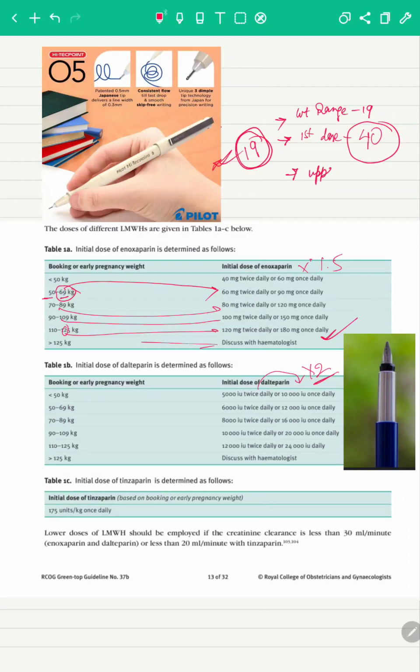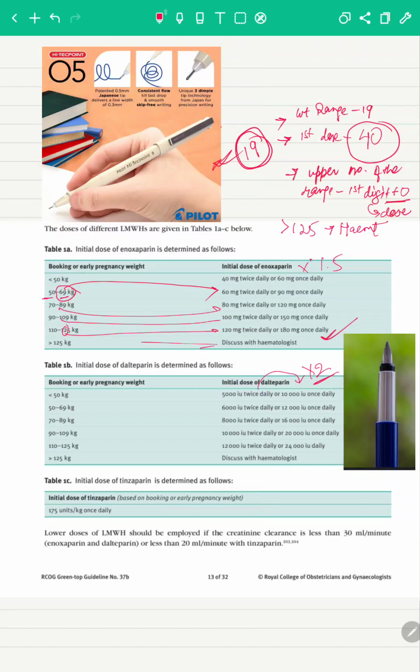The upper number of the range, its first digit, and then you add a 0, will give you the dose. And when the weight becomes 120, more than 125, or I would rather say 126, then you have to discuss with a hematologist.